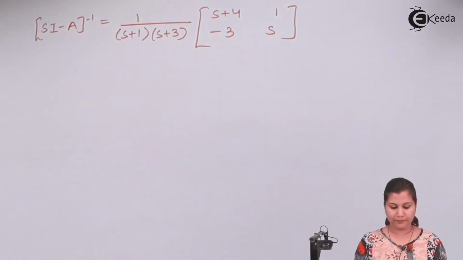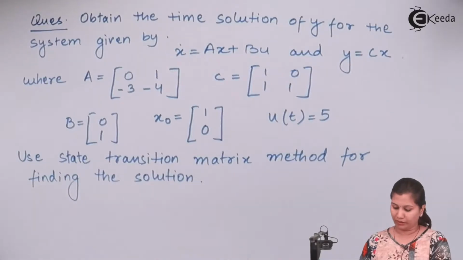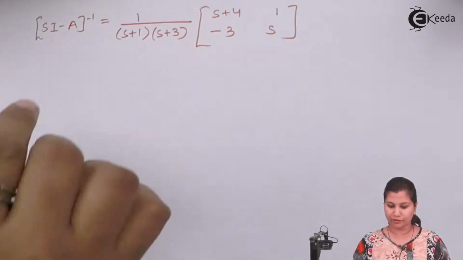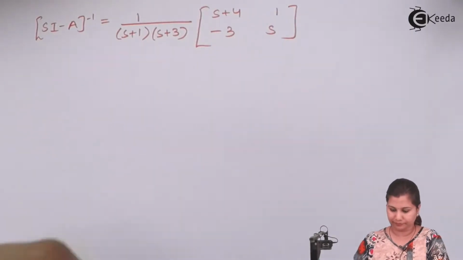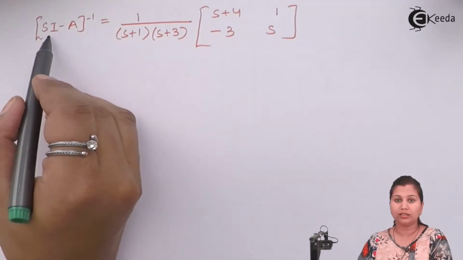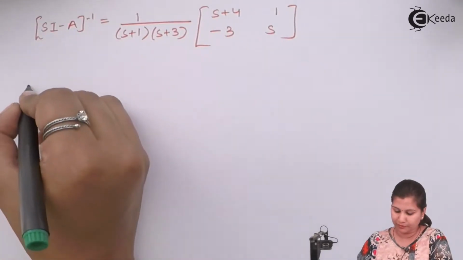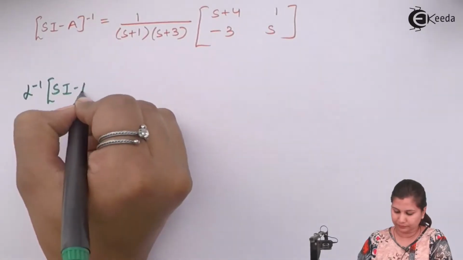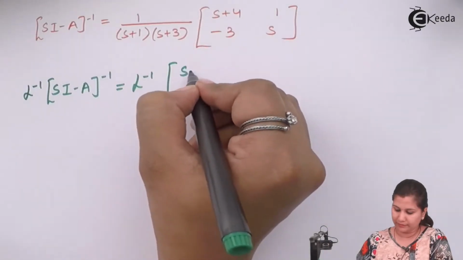Now, because in the question it is given that we have to use the state transition matrix method, we have this (SI minus A) inverse. So we will first calculate the state transition matrix. For the state transition matrix calculation, we have to take the inverse Laplace transform of this (SI minus A) inverse.